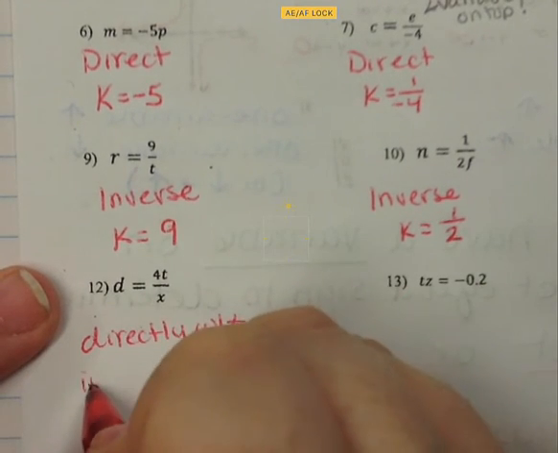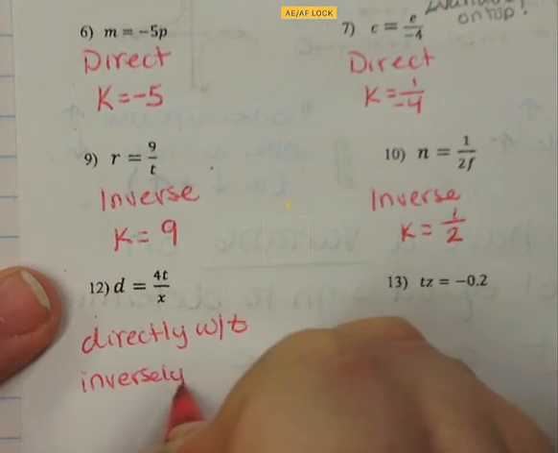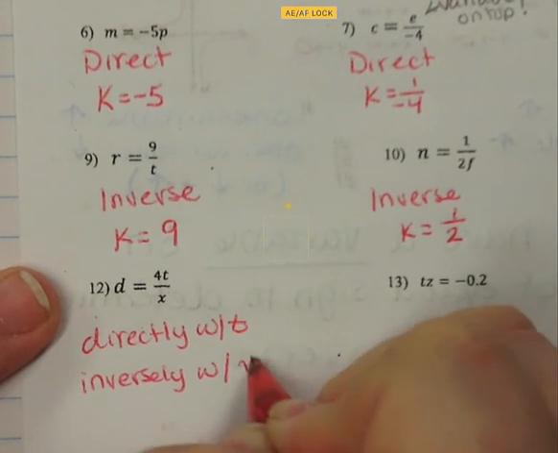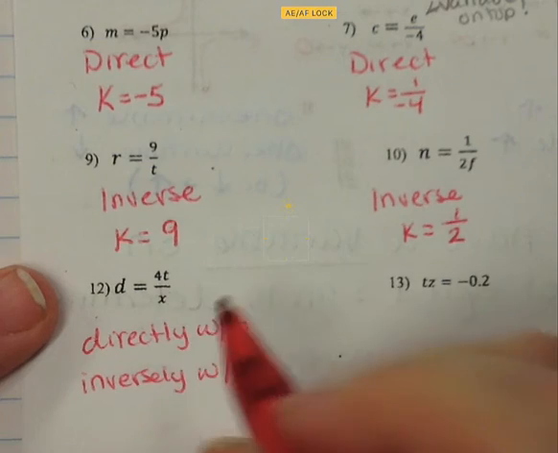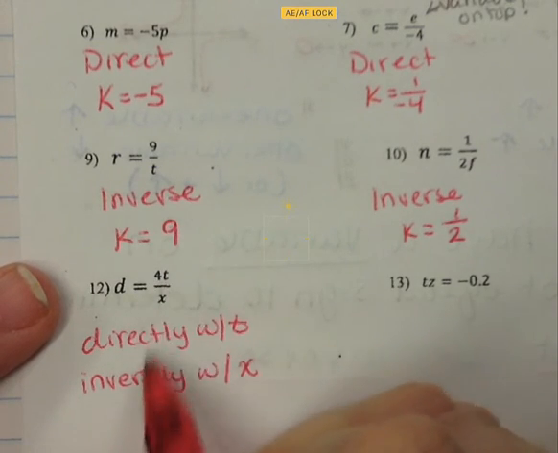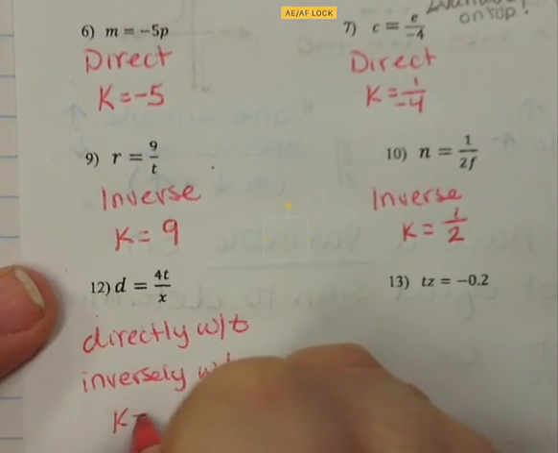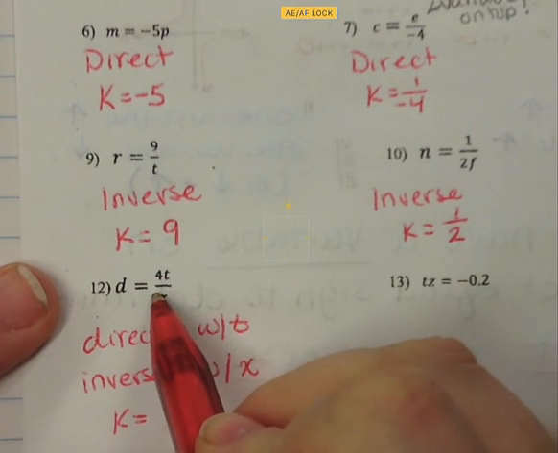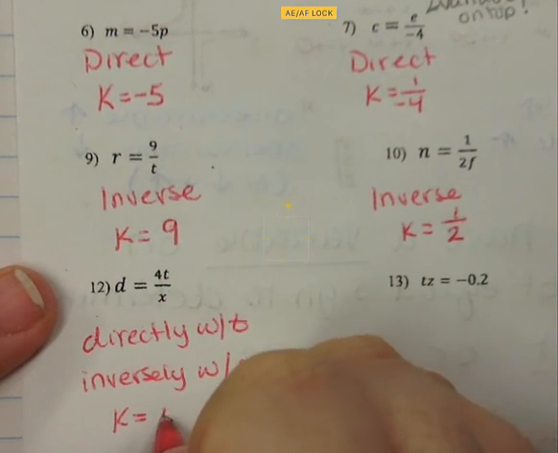So inversely with X. But then we still have to have our constant. Now the constants for both of these actually, so K equals, top number is 4, bottom number is 1. So it's 4 over 1 is 4.